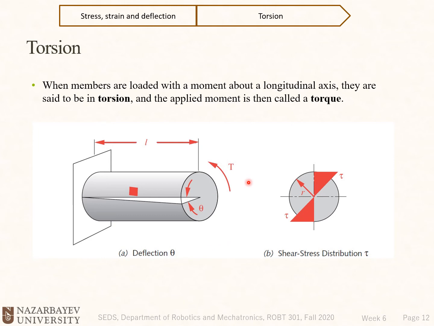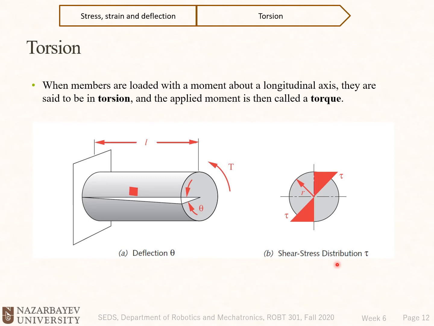So here we have a torsion on the beam, and you see that it twisted the beam by theta. And here we see the shear stress distribution, or tau, because of the torsion torque. We could have two types of shear stress.